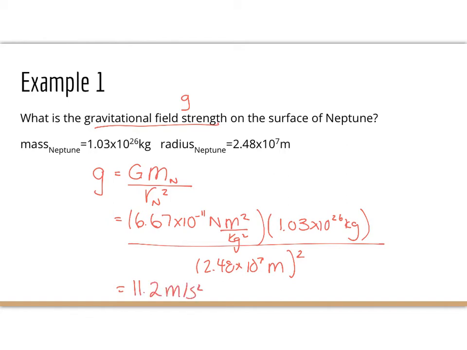Now, where did seconds come from? Don't forget that a newton is a kilogram meter per second squared. In this case, we had a newton times a meter squared per kilogram squared. So in our equation, if I put that in for this big unit here, a kilogram cancels on the top and the bottom.